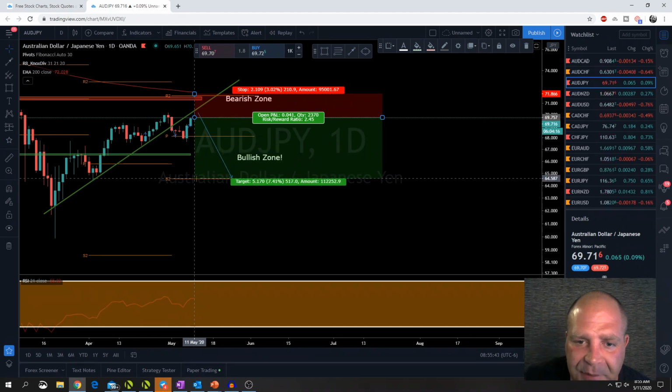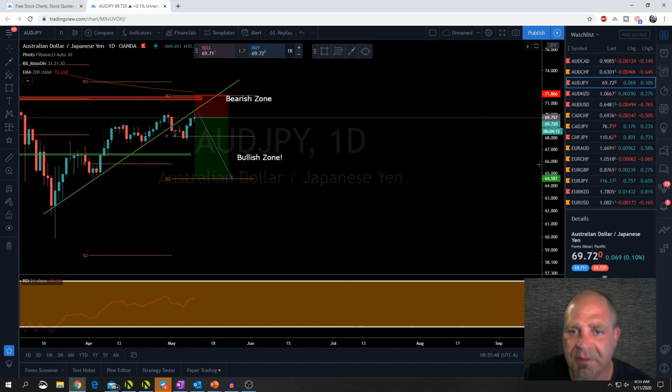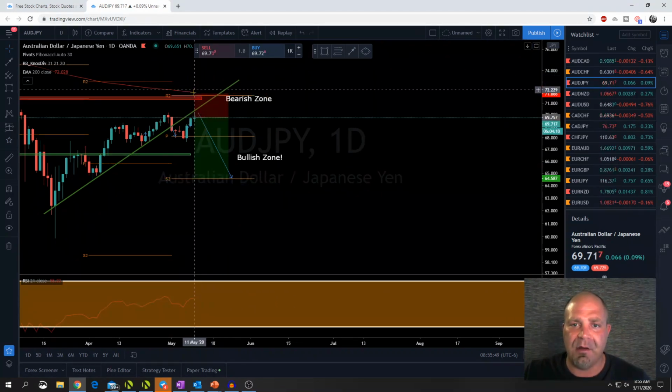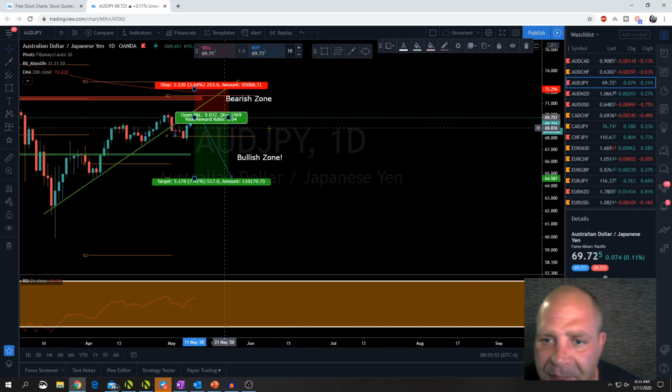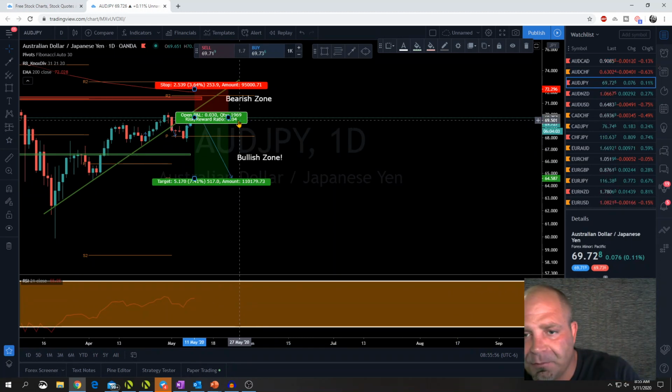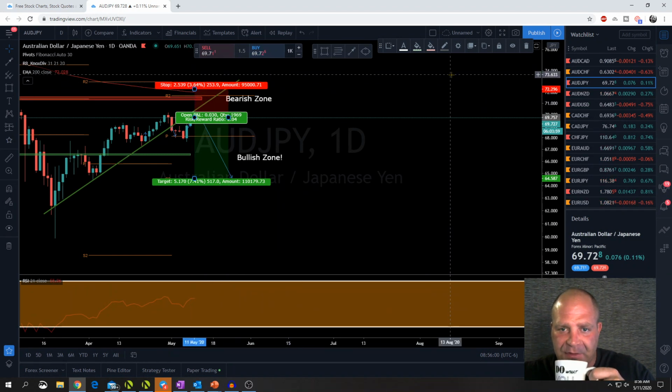So I'm liking this short, at least back to the pivot. Because we broke that trend line, we may have a leaker here. This thing may go deep. That's a 2-to-1 reward ratio with how I have this stop loss all the way up at the 200 EMA.